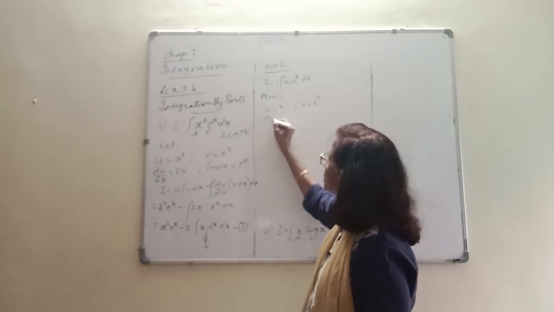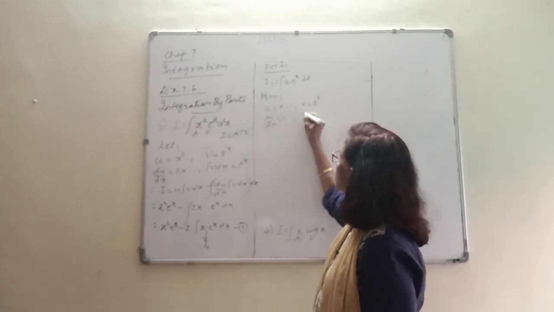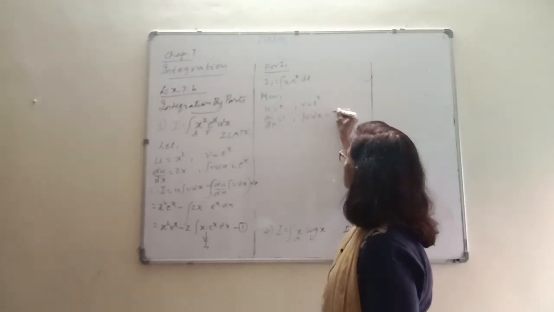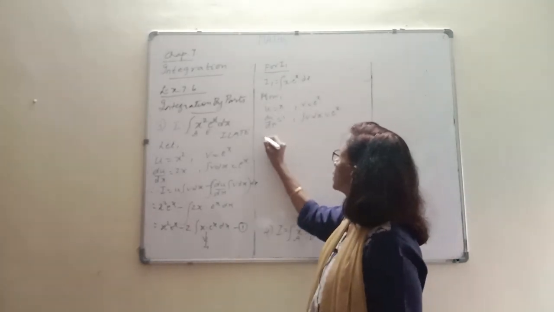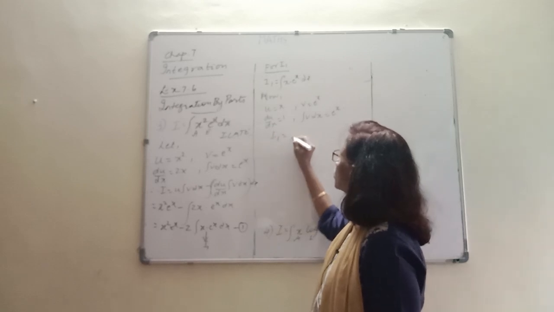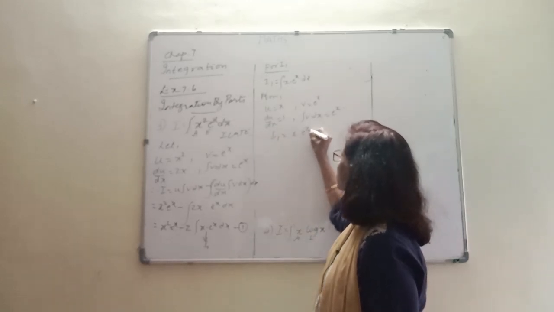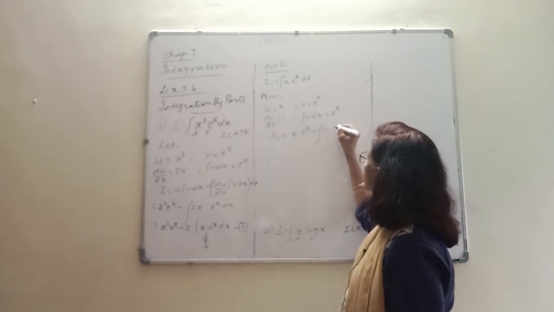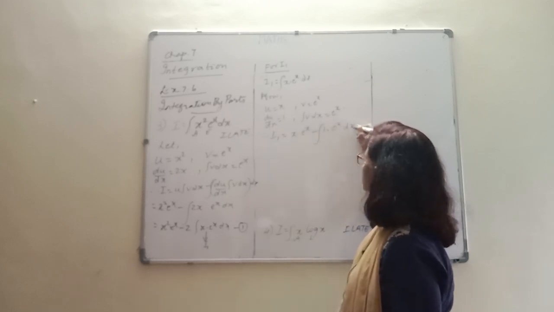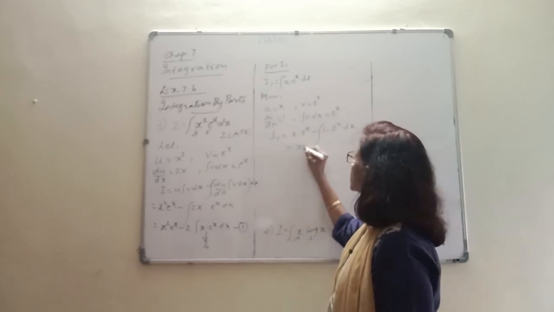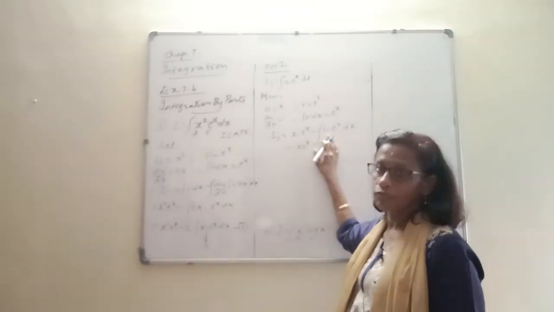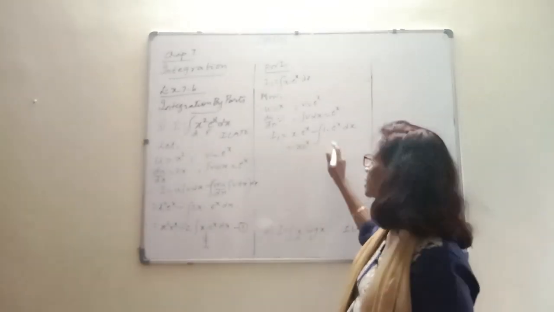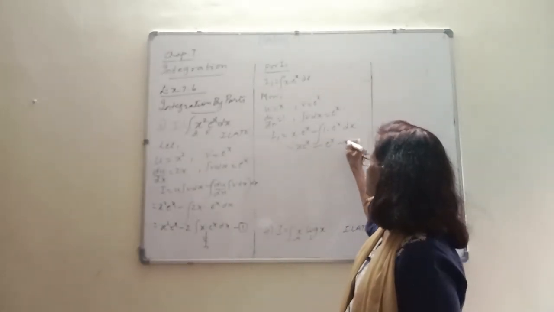So du over dx is going to be 1. Integral v dx is going to be e raised to x, and that way I1 by the formula is u integral v dx minus integral of du over dx integral v dx, the whole dx. So that way it is x e raised to x, integral of 1 times e raised to x is e raised to x, and integral of e raised to x is e raised to x plus c.